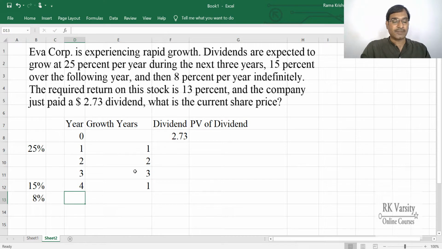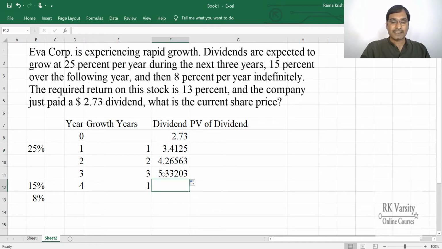So what we do is, first we calculate the expected dividends. Our expected dividend equals the dividend at the beginning, the 0 time period, times the growth rate, that is 1.25, as 25% is the growth rate in the first stage. Then we drag this for the next 2 years.